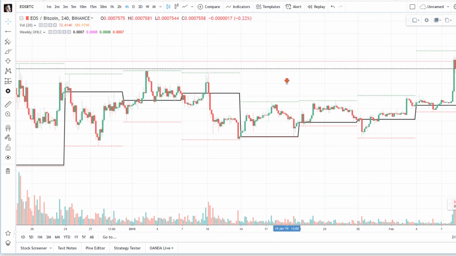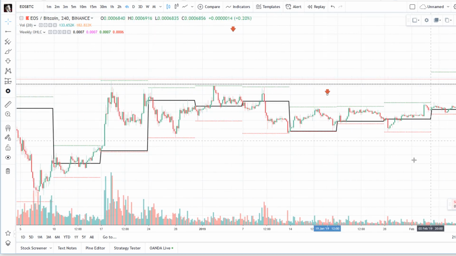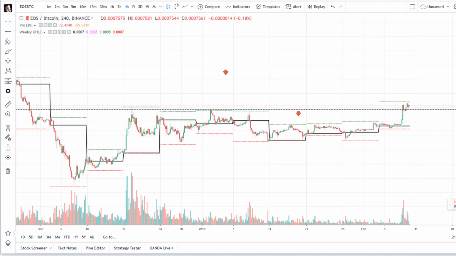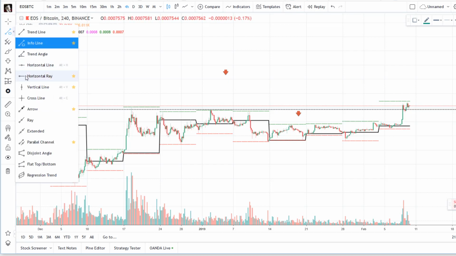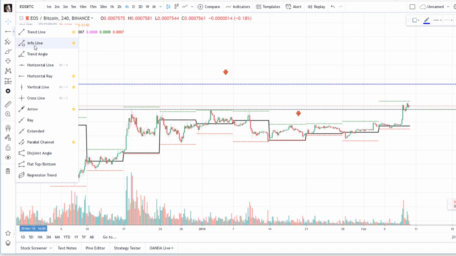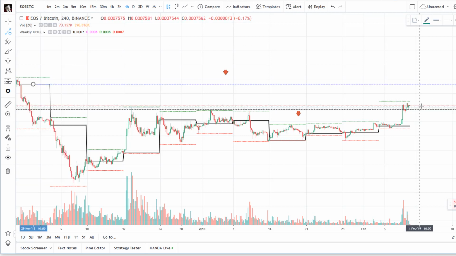Now, if we ask where the next level on the weekly time frame is that this might run to, let's use this info line. I should use the ray. It would be this week right here, this week open. So if this run continues, that's where we would expect resistance, and that's probably about a 10% move from here.